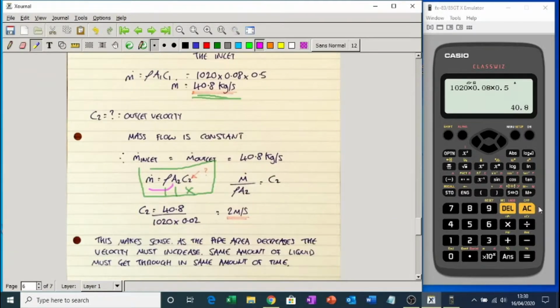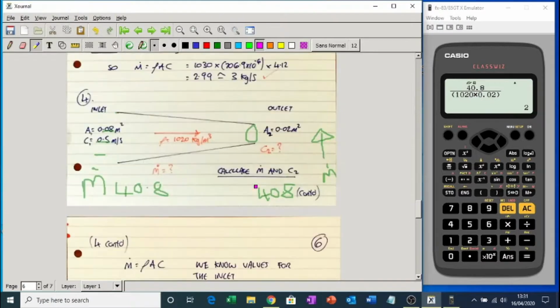So 40.8 will come down here, divided by, let's put a bracket on this, 1020 times 0.02. Close that. We go to there, press equals, 2. Tick. So it's 0.5 has gone up to 2, less area.